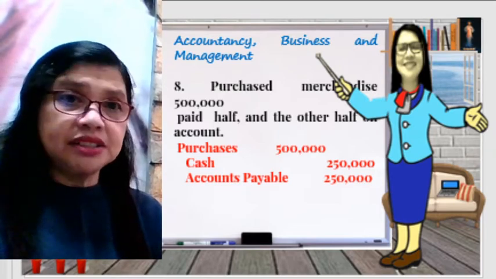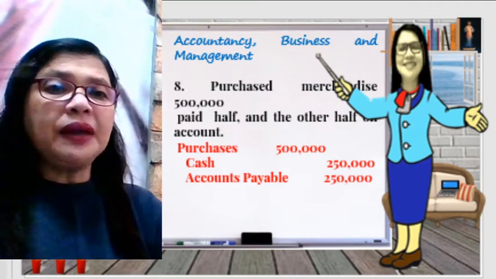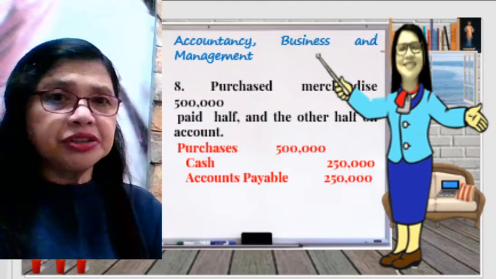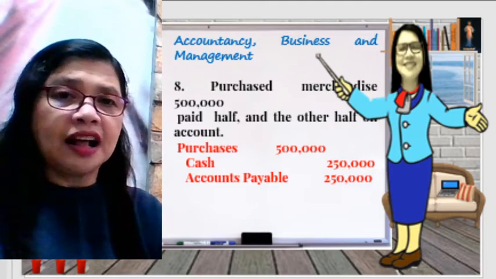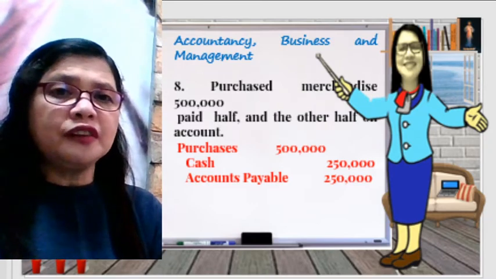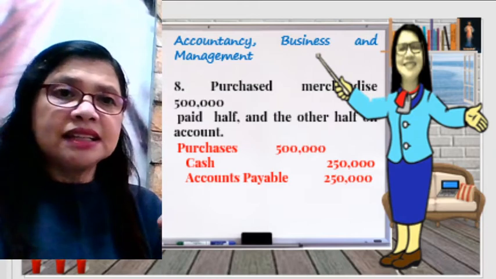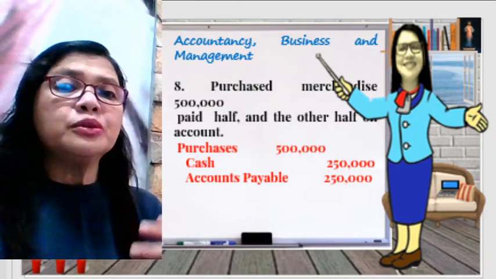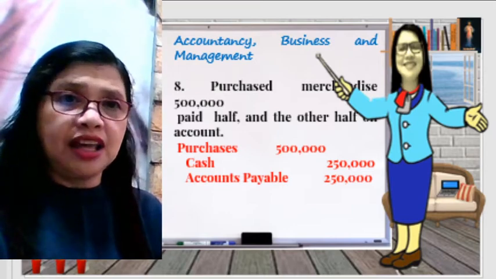We debit purchases for 500,000. And since he paid half in cash, you credit cash because that is a deduction to your cash account. So you credit 250,000 cash, and the other half was incurred through a liability. So you credit accounts payable for the other half of 250,000.